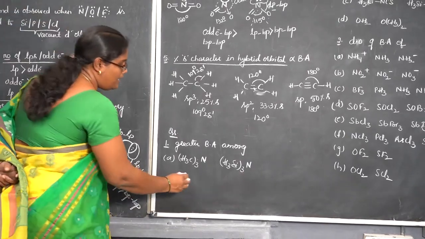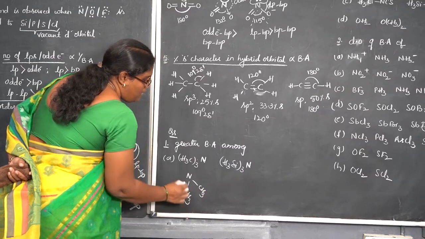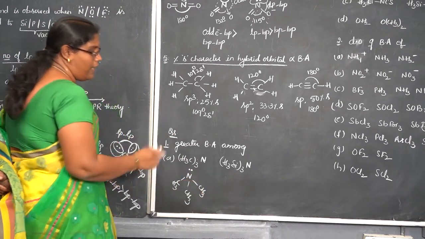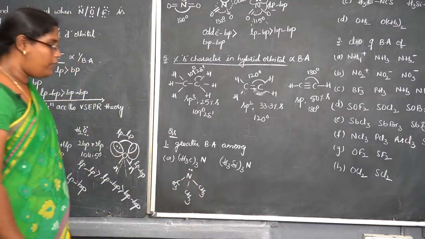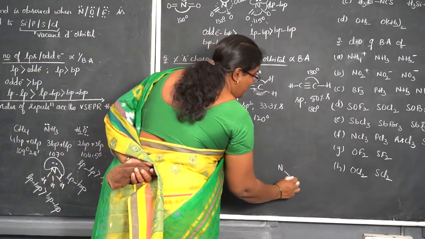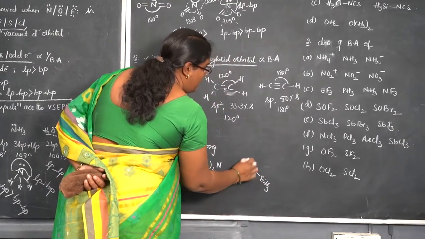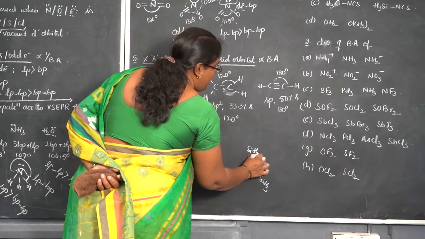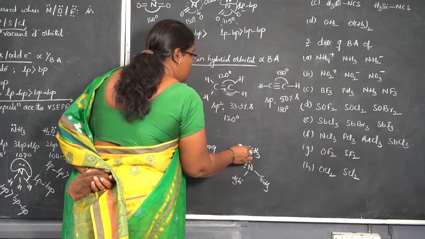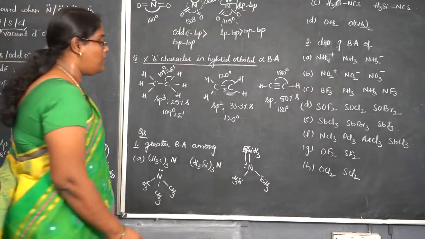In trimethylamine, nitrogen has one lone pair of electrons, but carbon has no vacant orbital, so there is no scope for back bonding. But if you take trisilylamine, silicon is a third period element with vacant d orbitals. Nitrogen has a lone pair, and this lone pair is transferred to the vacant d orbital of silicon.